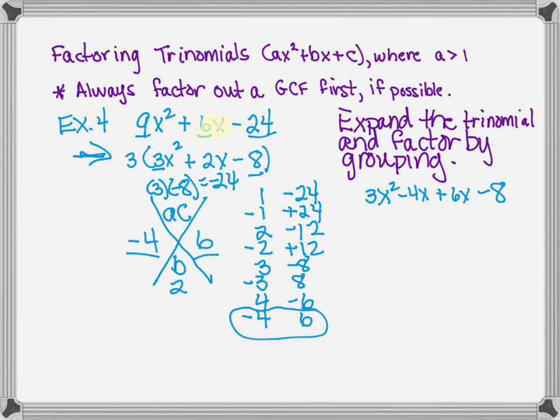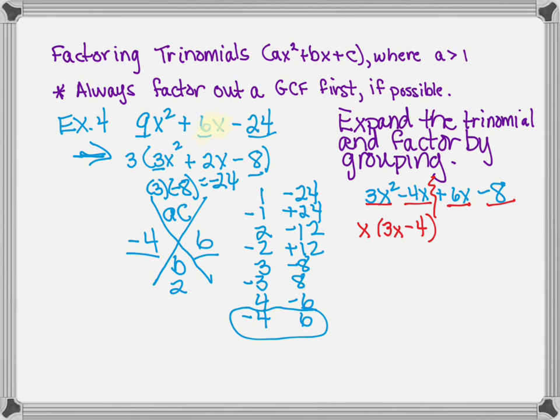And now that I have 4 terms, I'm going to literally split it in half. And now I will look for greatest common factors out of each of the halves. So 3x squared, negative 4x, my greatest common factor is x. When I factor x out of each of the 2 terms, I now have 3x minus 4 in parentheses. And now I'll look at the second pair, and I have 6x and negative 8.